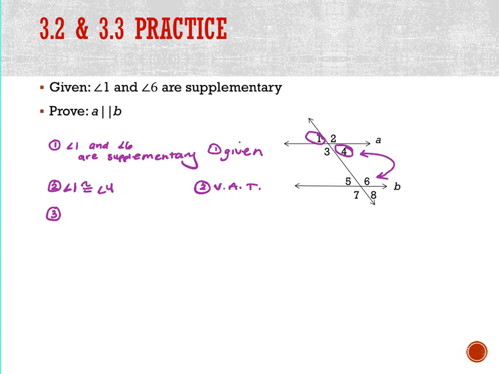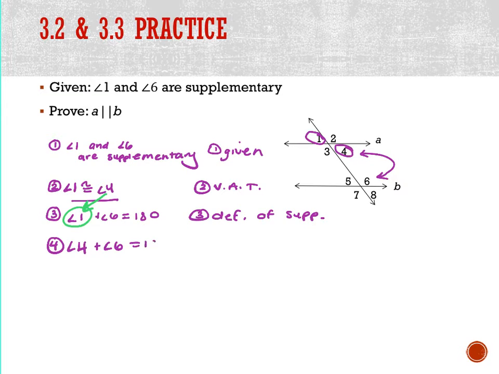So now, if 1 plus 6 is 180, and that's the definition of supplementary, and 1 equals 4, I can take the 1 and replace it with 4. So I can say angle 4 plus angle 6 equals 180. And that's substitution. So I can say 4 and 6 are supplementary.